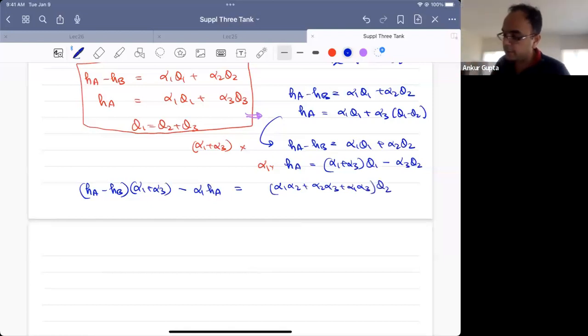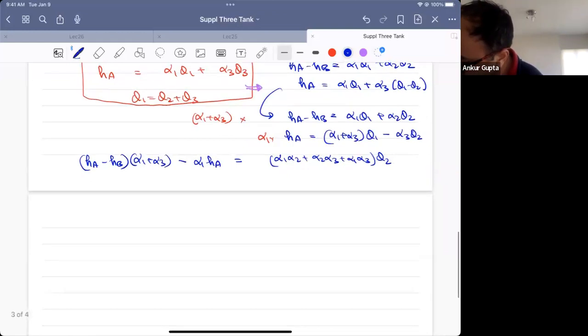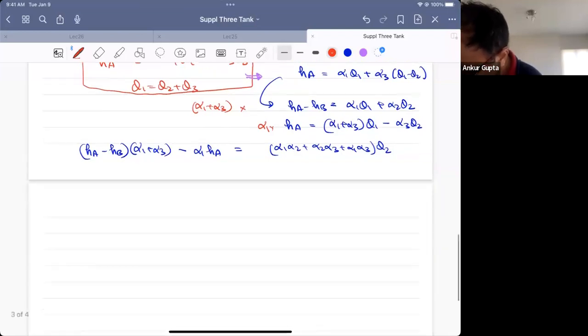And finally, let's simplify this a little bit. We have 3 terms remaining. So I only have alpha 3 HA minus alpha 1 plus alpha 3 into HB.